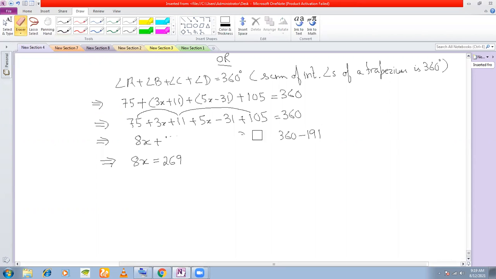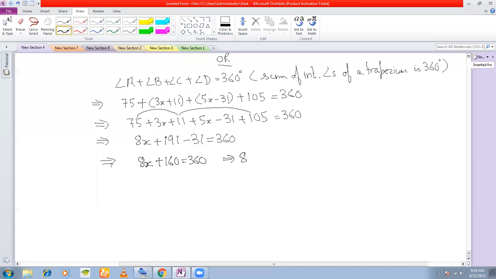That's the mistake. This is 8x plus 191 if you add the positive numbers, and you have minus 31 also here. First you do the addition and then you do the subtraction. So 8x and 191 minus 31 should give you 160.